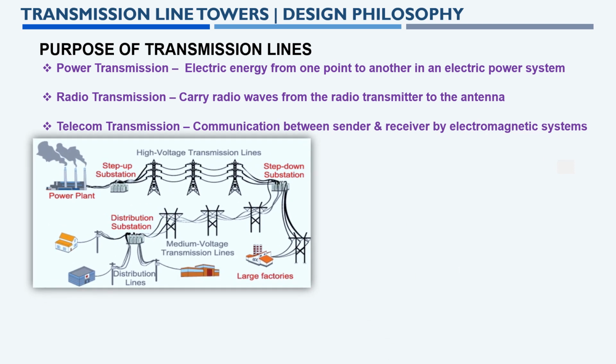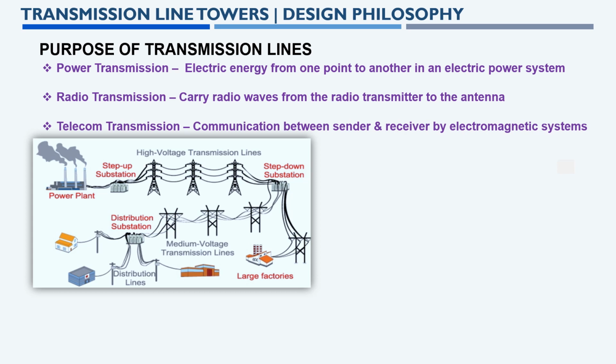You can see this picture. From the power plant there is a step up substation which transfers this electric energy to a step down substation by high voltage transmission lines. From the step down substation, it is again supplied through medium voltage transmission lines to the distribution substation.